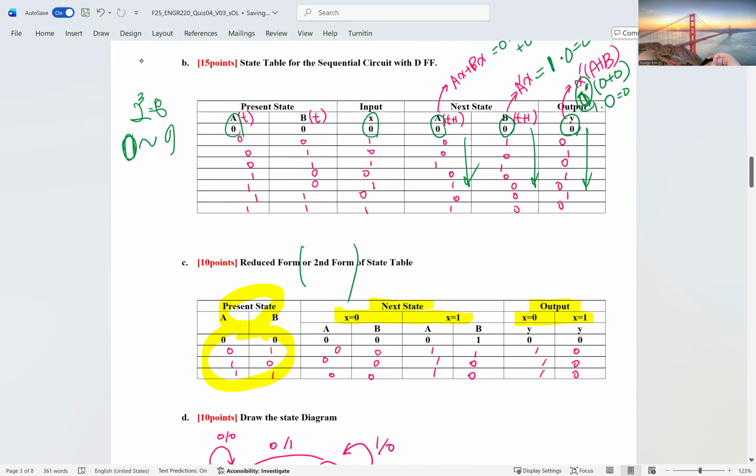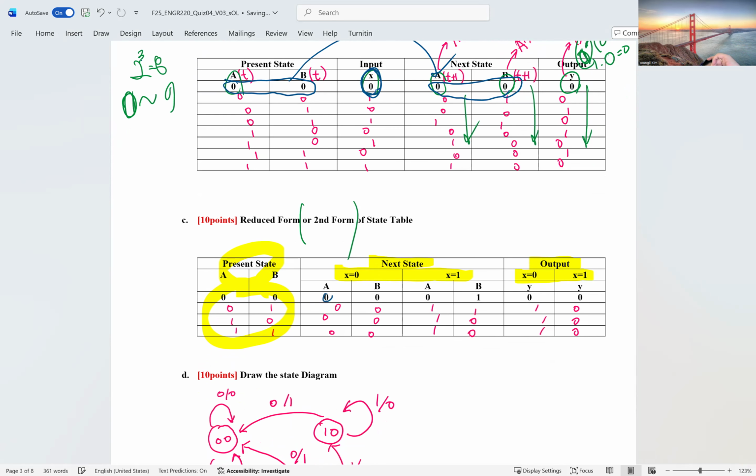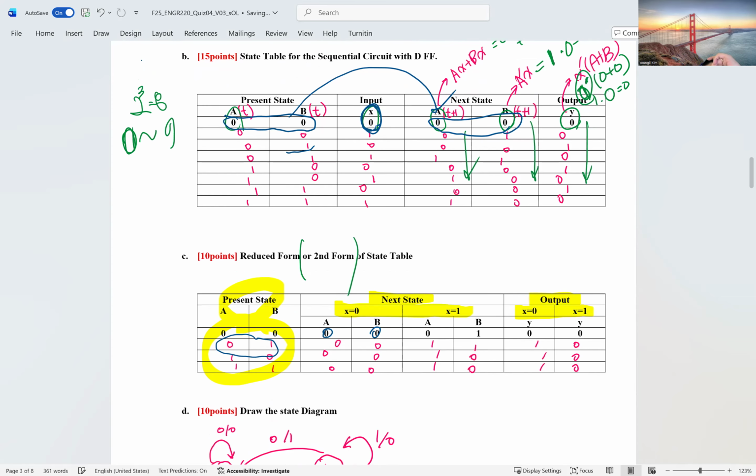So X is equal to 0. That's right there. So the present state is 0, 0, next state 0, 0. Okay, so this is Y 0 and 0. Now, sorry, the present state 0, 1, for example, in here, but the X is equal to 0, and the next state is what? 0, 0.